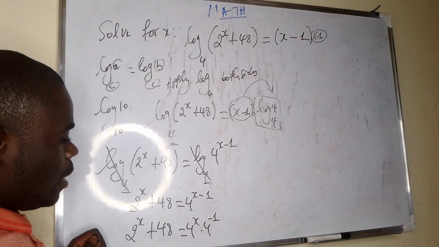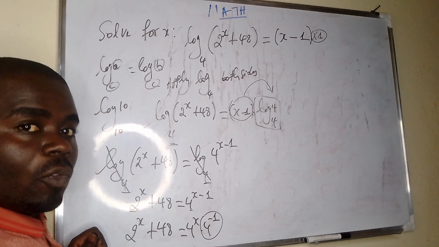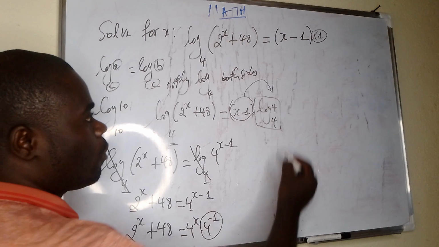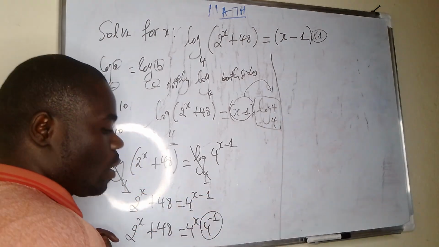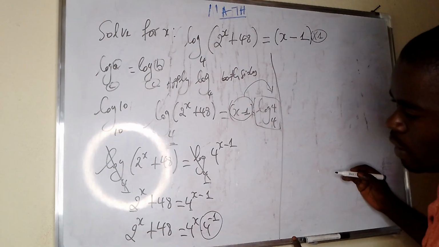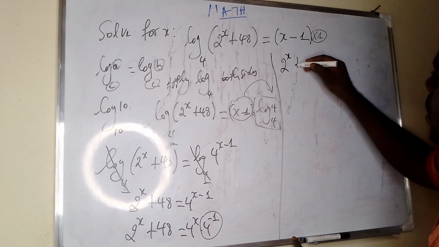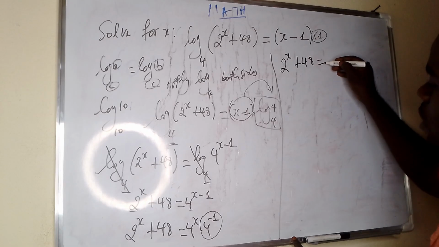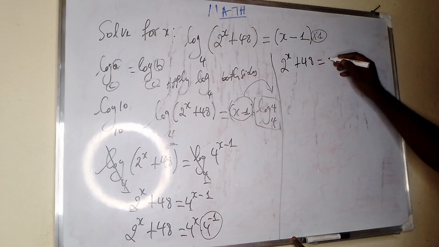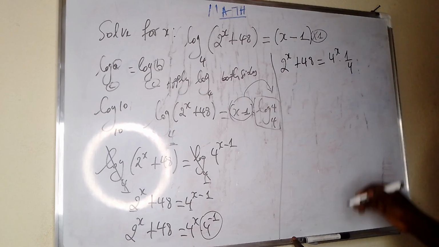It means that it is the reciprocal of 4. This is 2 power x plus 48, which is equal to 4 power x, then times 1 over 4.